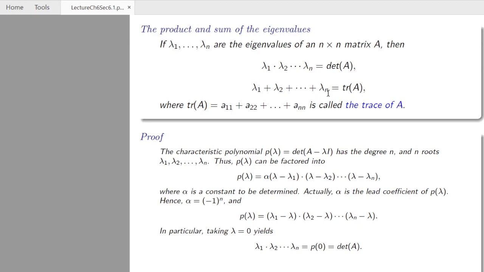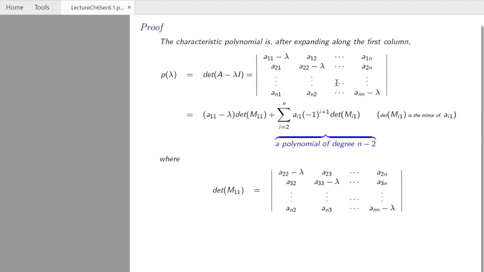Then we consider the second identity. In this case, we look at the characteristic polynomial P(lambda). By definition, the characteristic polynomial equals the determinant of matrix A minus lambda I. So that's the form for the determinant.